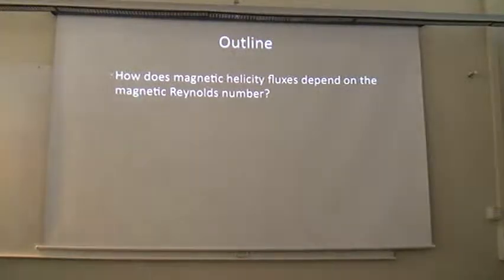One thing we could investigate much further is how the magnetic flux depends on the Reynolds number. So, using different simulations with different Reynolds numbers, how does that really influence the simulation and the emerging flux?